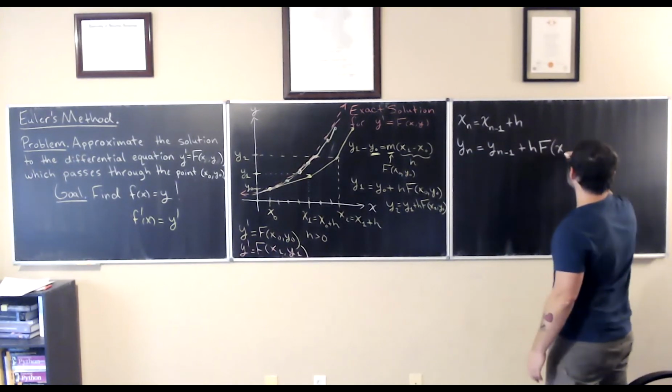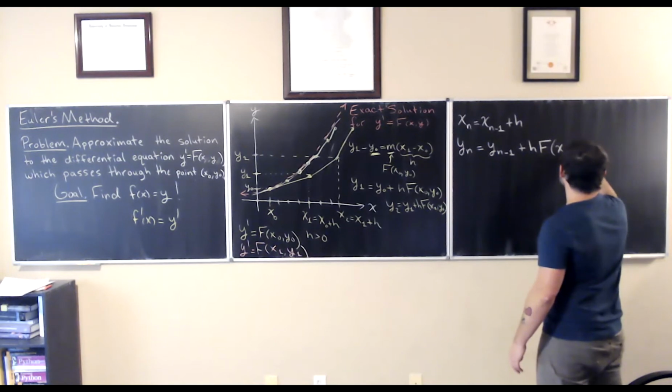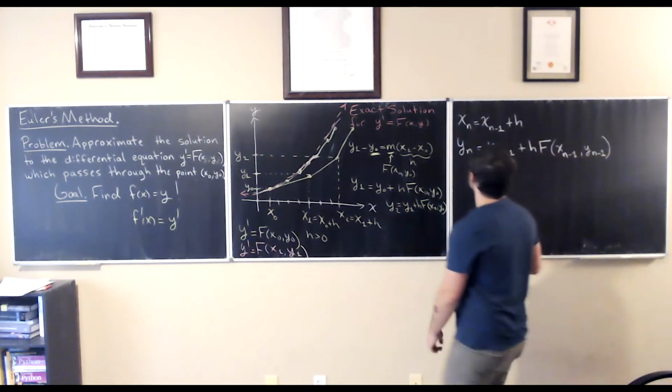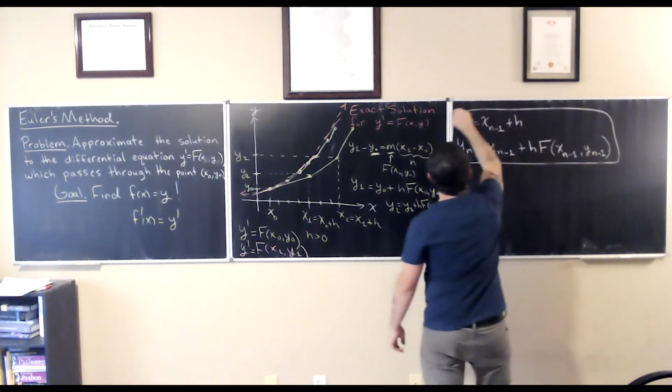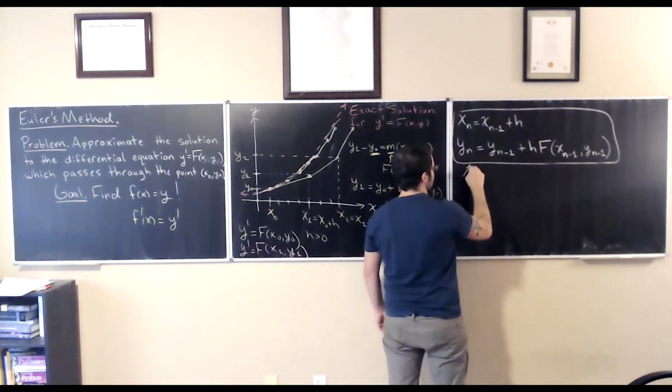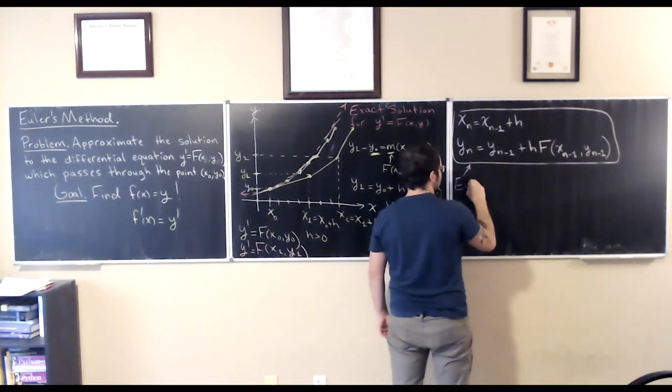So this would be at x of n minus 1, y of n minus 1. These two things here, this is called Euler's method.